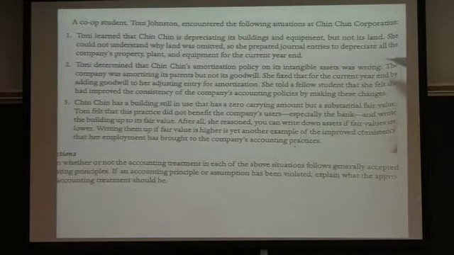She could not understand why land was omitted, so she prepared a journal entry to depreciate all company's property, plant, and equipment for the current year. So what Tony did is she realized that land was not depreciated, so she turned around and depreciated the land.